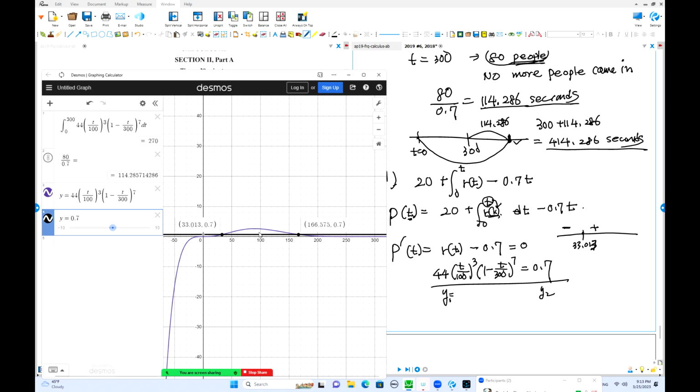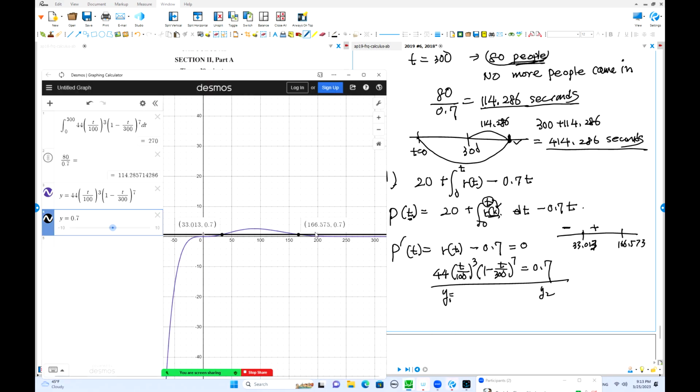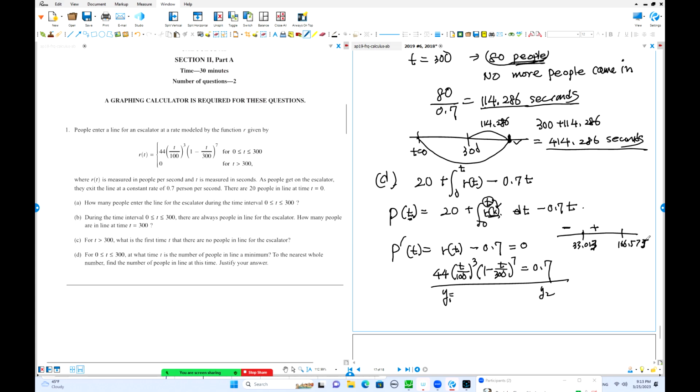After that, over here, r(t) is greater than 0.7. That is positive over here, up to where? 166.5, okay? All the minus. But at this point, it is decreasing and then increasing, right?